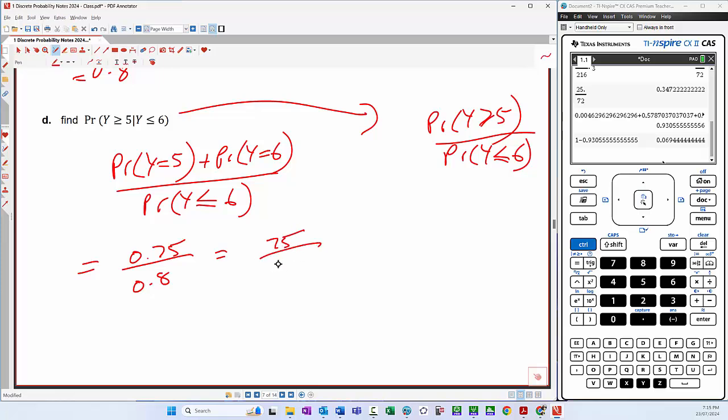Which is 75 on 80, which is 17 on... Oof, how many times does 5 go into 80? Struggling here.